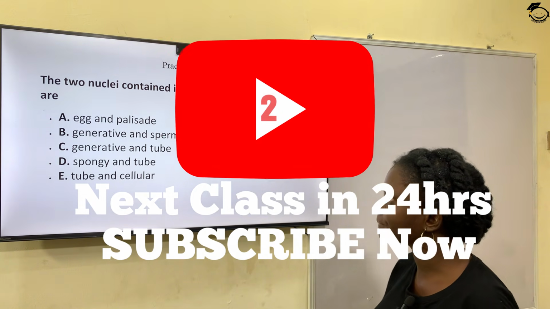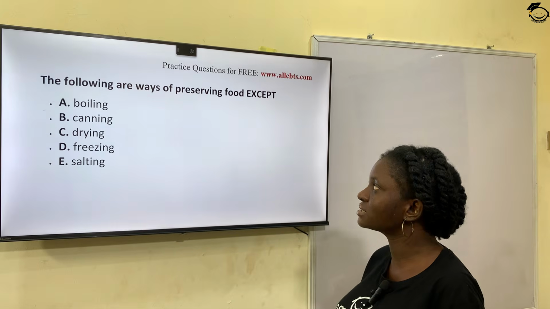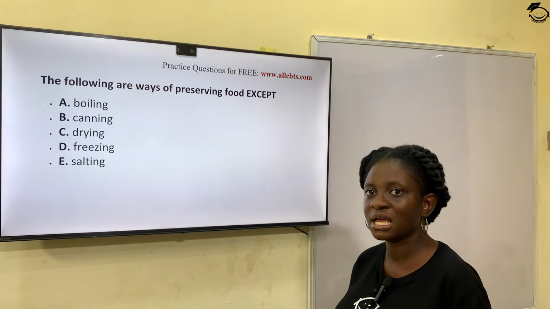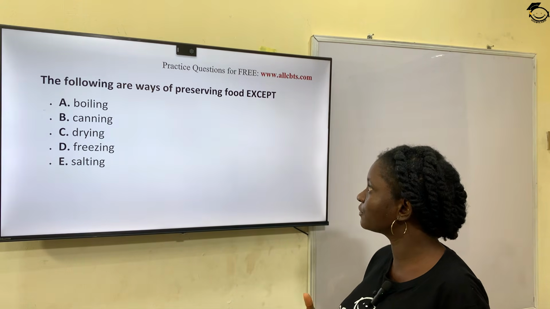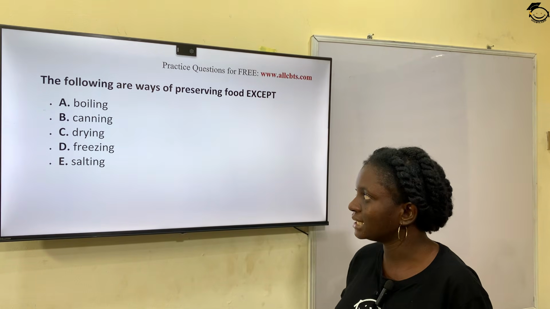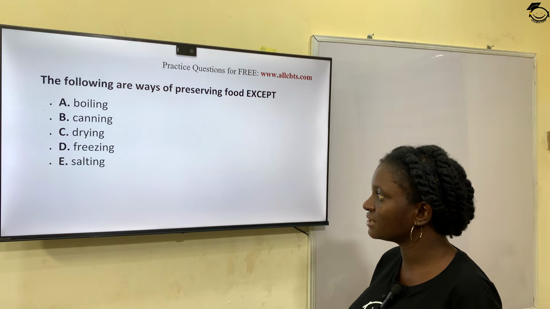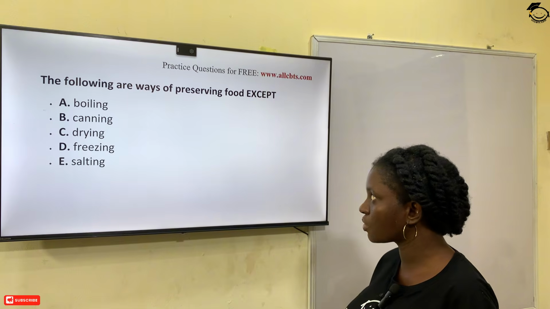Option C. Next question. The following are ways of preserving food, except: how do you preserve food from spoilage? A, boiling, B, canning, C, drying, D, freezing, E, salting.